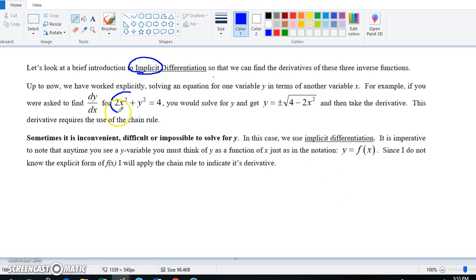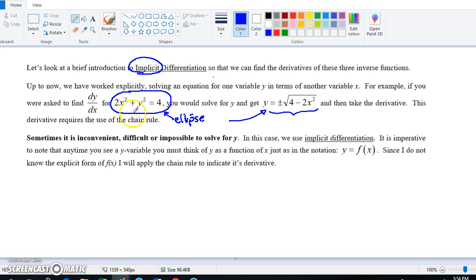So take a look at this function here. The graph would be an ellipse. I could actually solve for y in this equation and get this positive or negative square root stuff, and I could actually take this derivative.